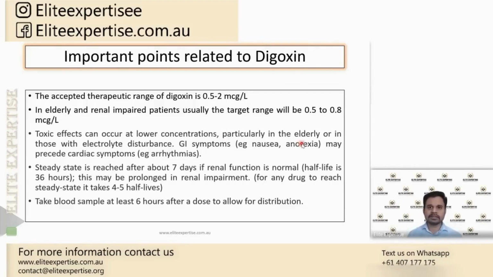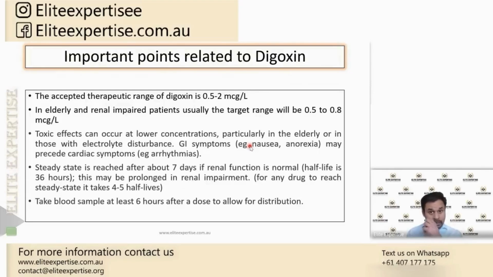These are the first signs of digoxin toxicity. After the gastrointestinal symptoms, the patient will later develop cardiac symptoms, like cardiac arrhythmias. These are the common toxic side effects of digoxin.